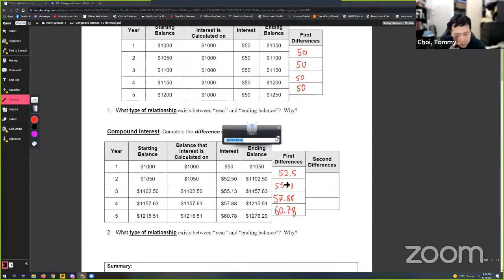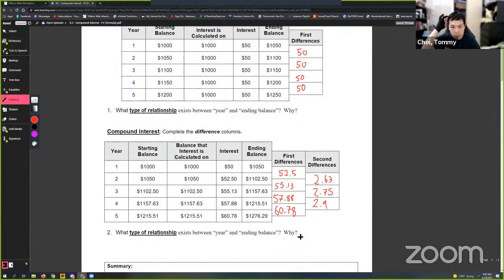And if we try to calculate the second differences here, we get 2.9, 2.75, and then 2.63. So you'll notice that the second differences don't match.